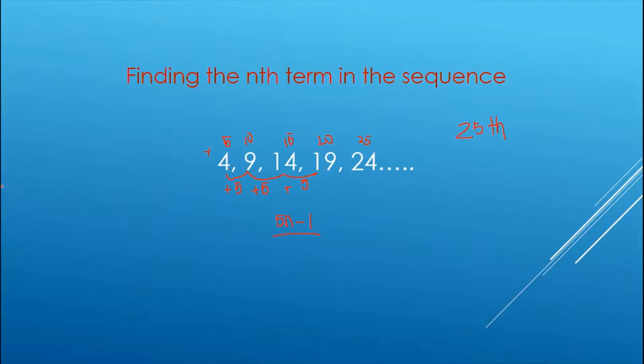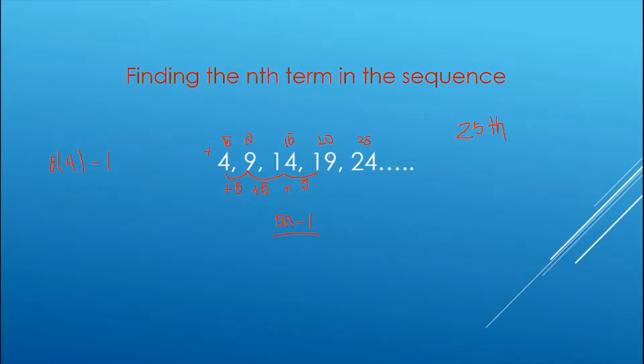So this time we are going to use 5n, and let us check the fourth term. Our answer for this one should be 19, which tells us our formula is correct.